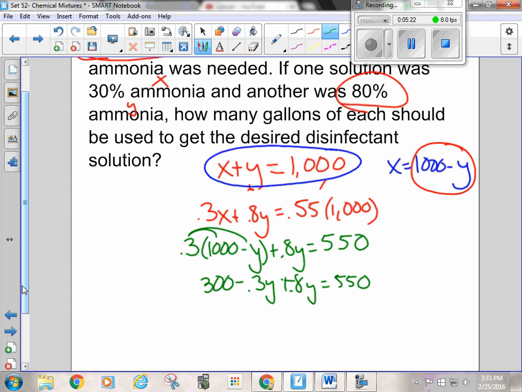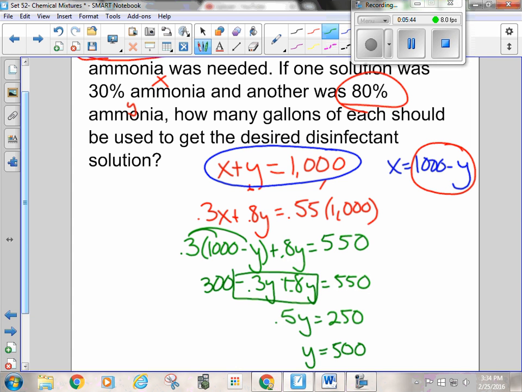Then we are going to combine like terms, and I'm going to subtract my 300 at the same time. So I get 0.5y equals 250. Yay, both positive. So now I'm going to take 250 and divide it by 0.5 this time, and I'm going to get 500. Okay, so y equals 500.